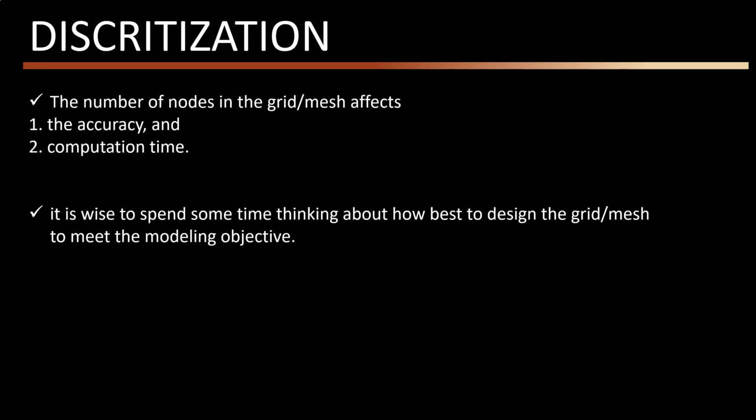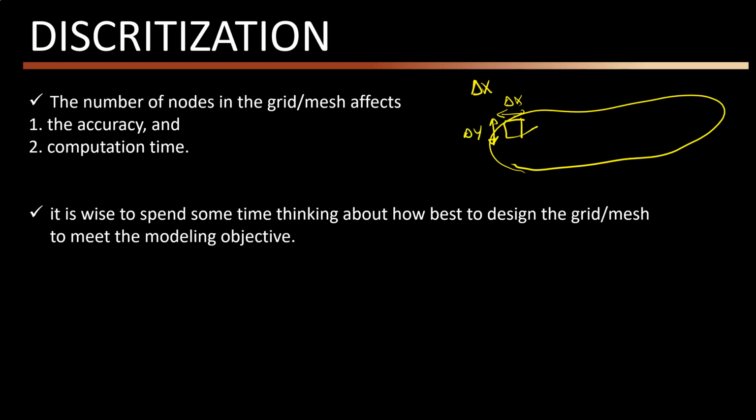You as a modeler, once you have developed your conceptual model, you need to decide what your delta x is. So for example, if this is my cell, this would be my delta x, this is my delta y, and also delta z in another axis.